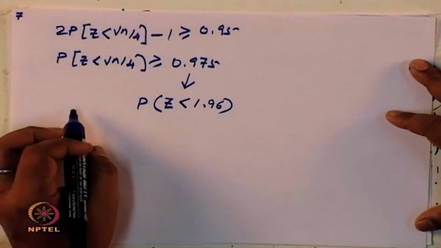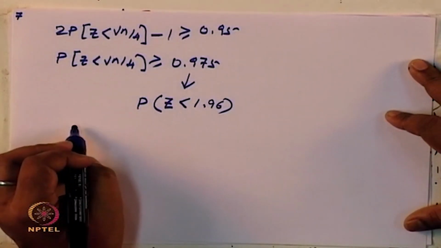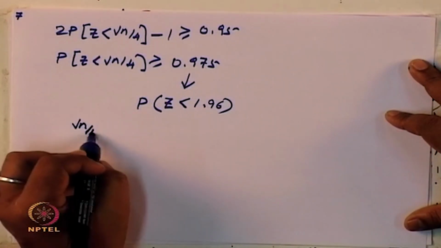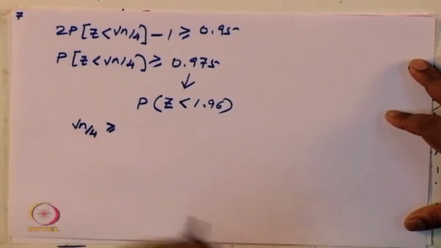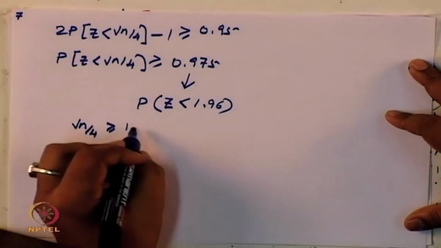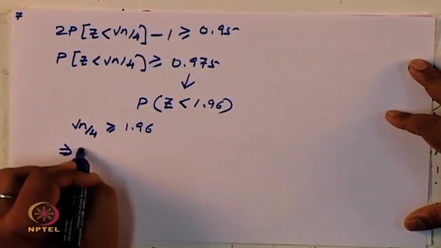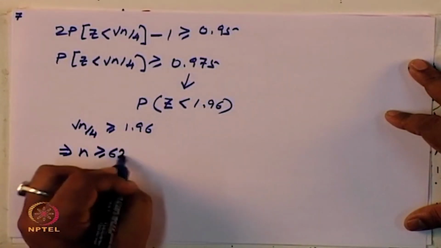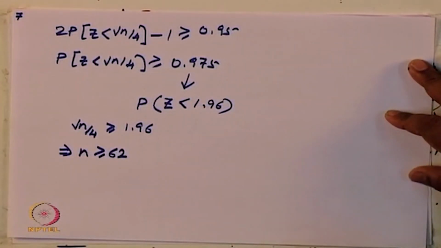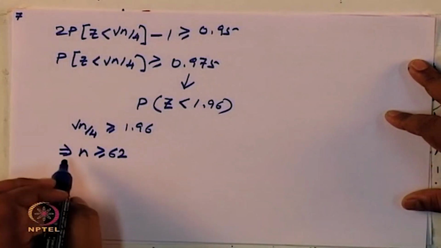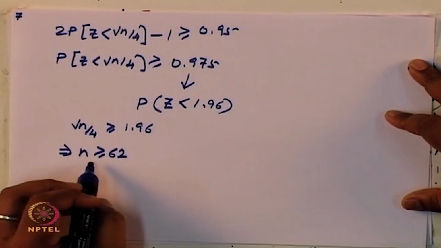Then what I would need is root n by 4 must be greater than or equal to 1.96, and this will give me n greater than or equal to 62.